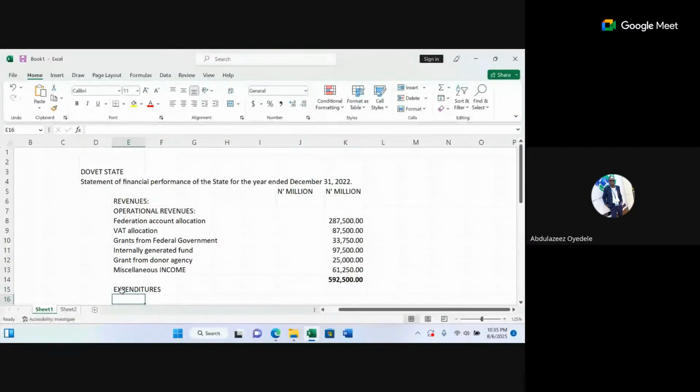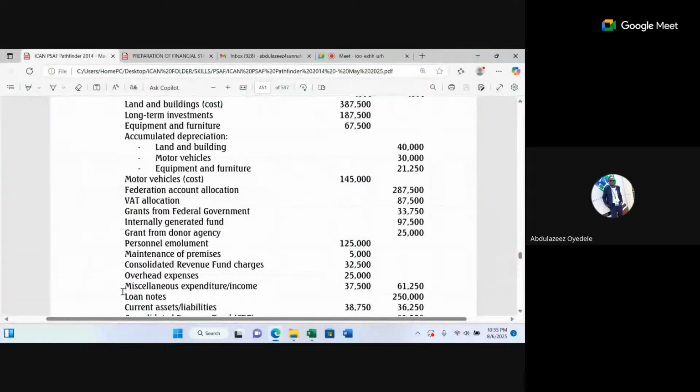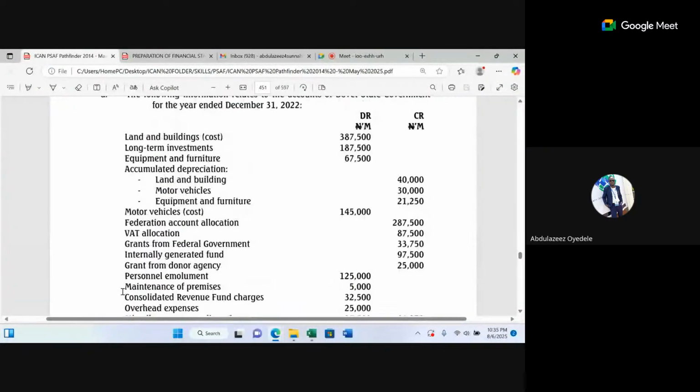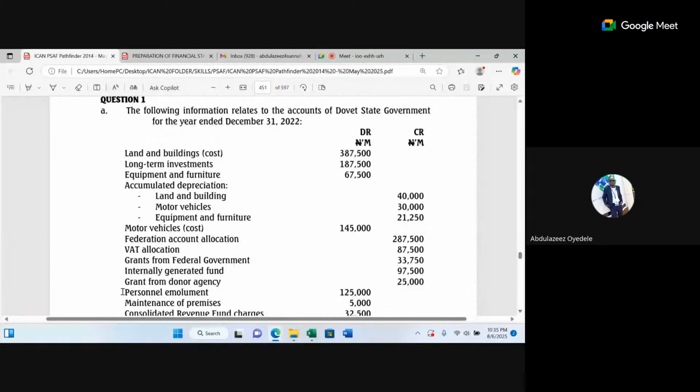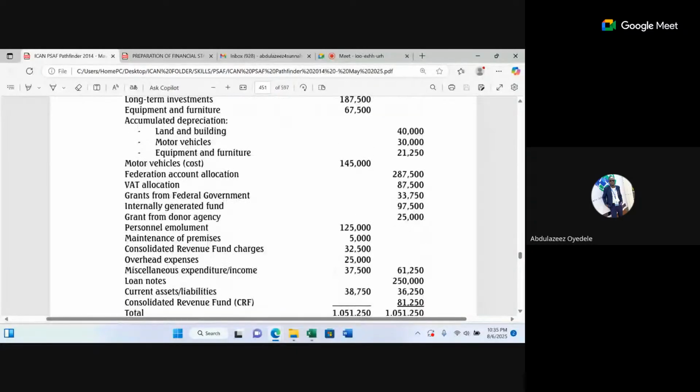So if you go to the question again to check for the expenditure items that we have, easily we can check through our debit side of the trial balance and find out if we have items that look like expenditures. From the beginning, we are building investments. These are all assets. We have accumulated depreciation. We have cost of motor vehicle.